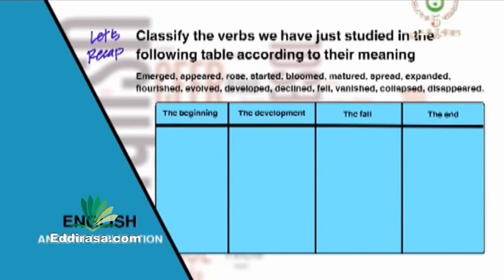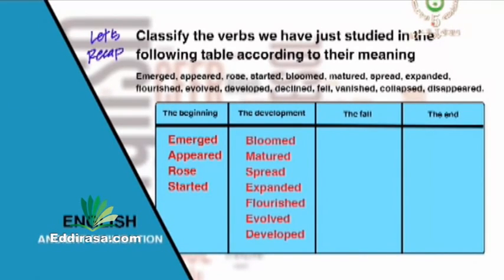The verbs that represent the emergence and the beginning of civilizations are emerged, appeared, rose, and started. Good. Those which represent the development are bloomed, matured, spread, expanded, flourished, evolved, and developed.